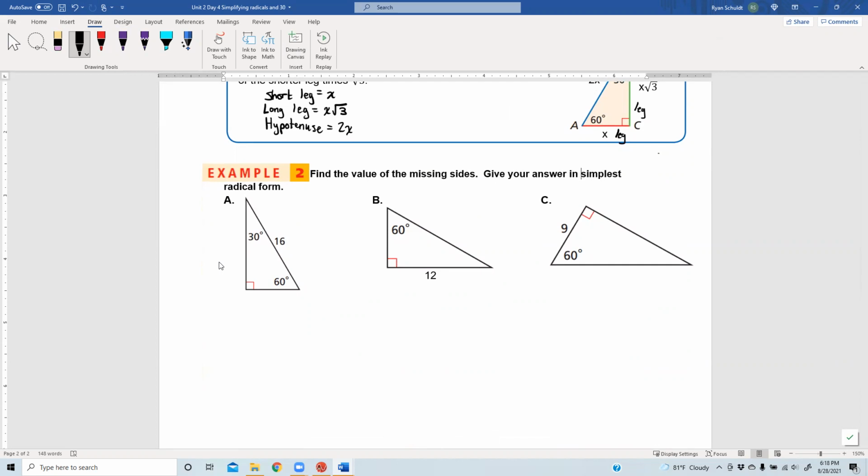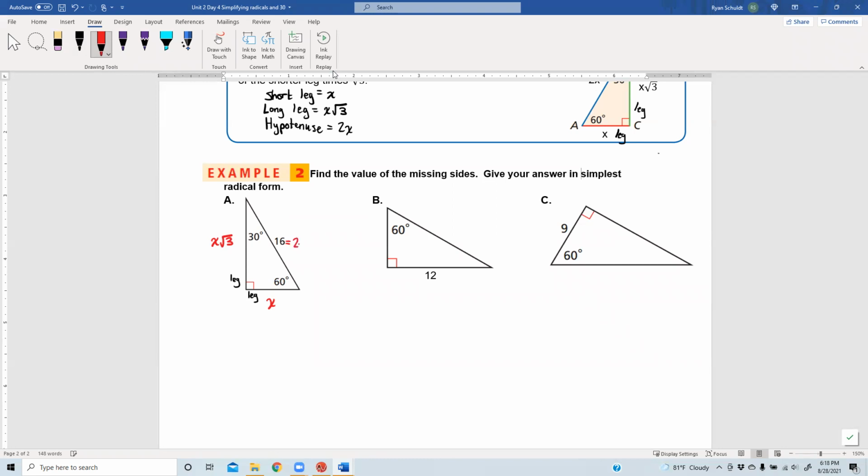So let's first label our legs. This is a leg. This one's a leg. Now, which leg is shorter? The bottom. I said up here the short leg is x. So this leg's got to be x. Long leg is x square roots of 3.